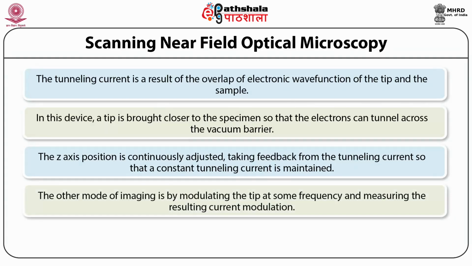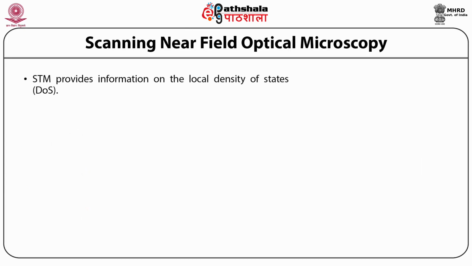The other mode of imaging is by modulating the tip at some frequency and measuring the resulting current modulation. STM allows the investigation of local structures. STM provides information on the local density of states.